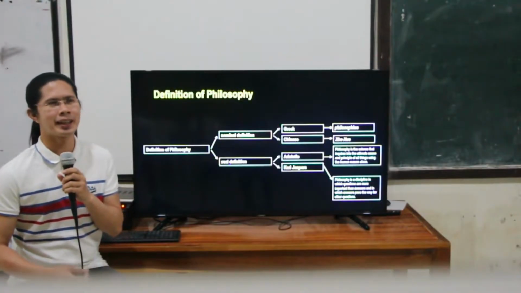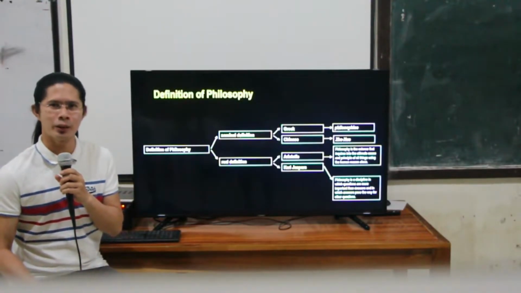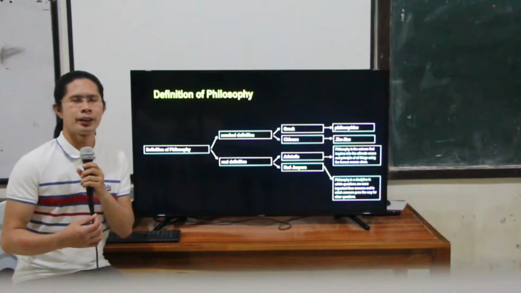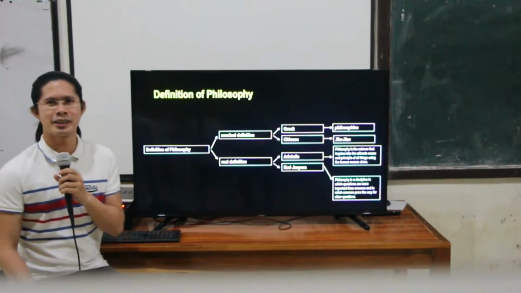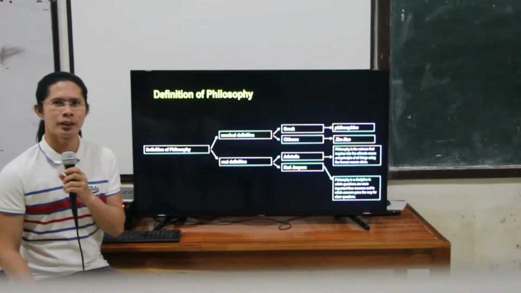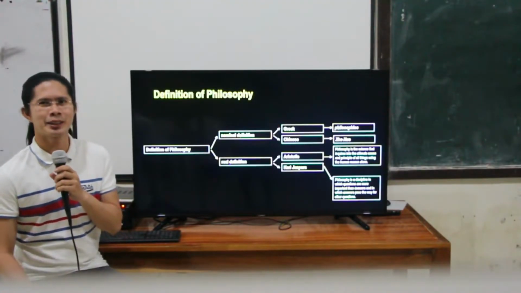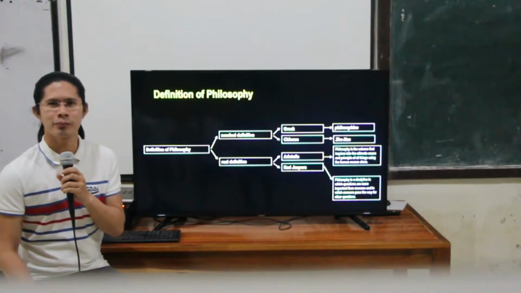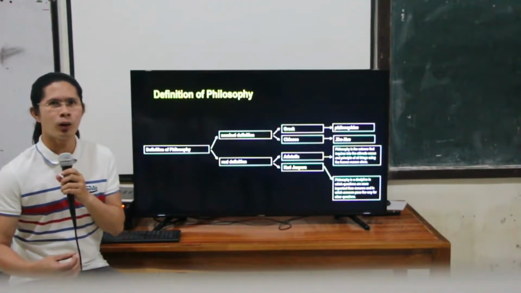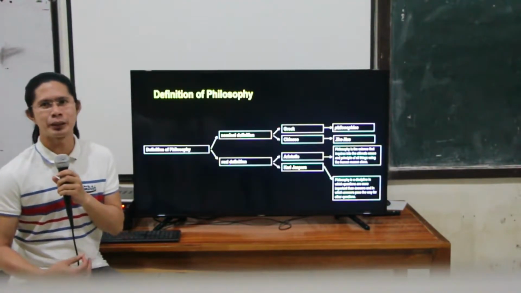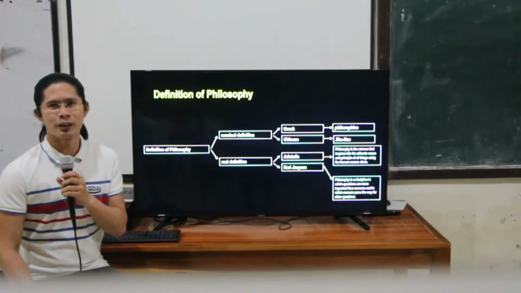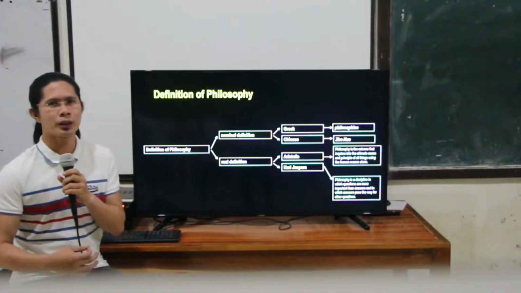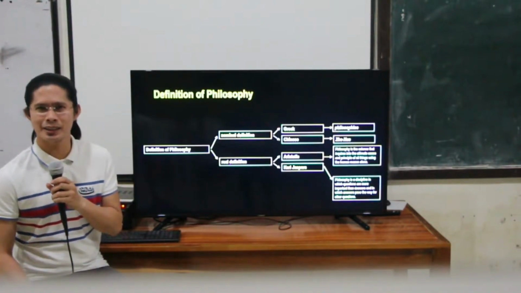Now, why do we say that answers are not always certain? Because there could be two or more answers to a single question. And if there are two or more answers to a single question, then not all of those answers can be true at the same time. Okay? So, for example, the question, does God exist?